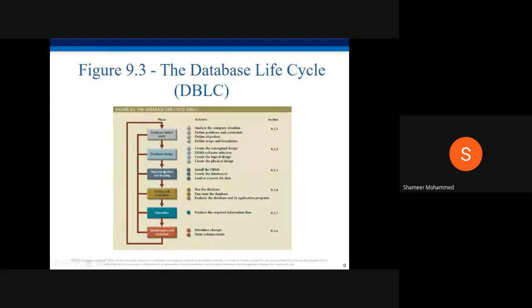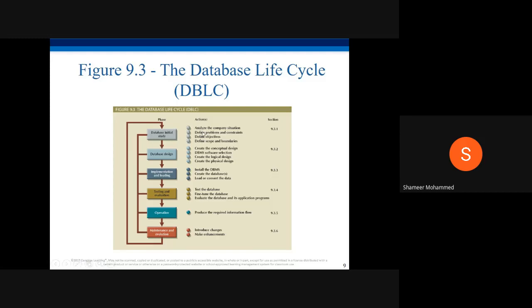So these are the different phases you have to do in order to develop the database for the student information system. In each phase, the actions you can take are described here. Analyze the existing student information system in your school or college.